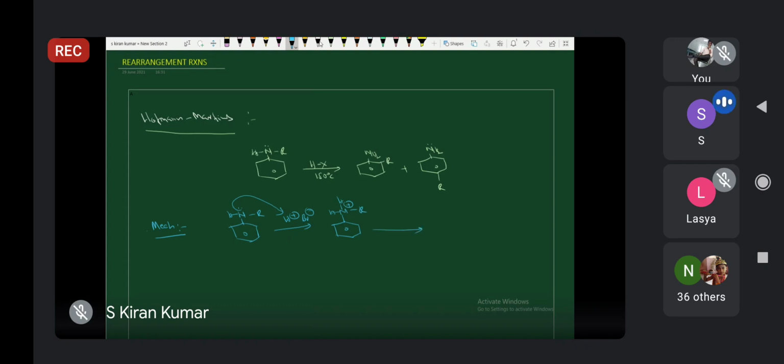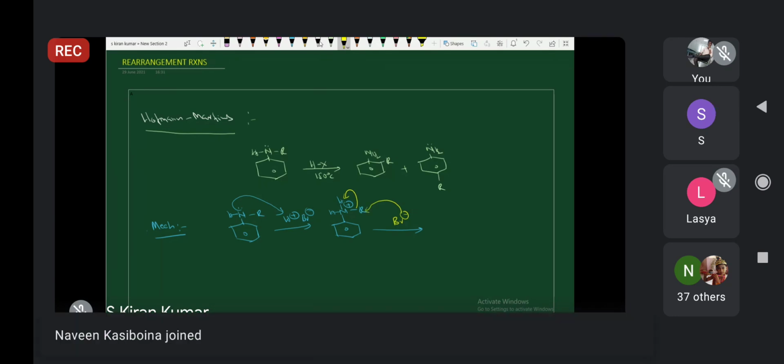Next, Br minus is eliminated here. The nitrogen has positive charge and this bond breakage takes place. Br minus is added to the R plus here, so now it is connected as alkyl bromide.